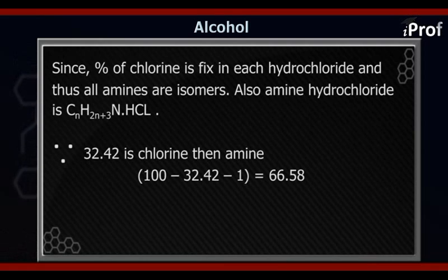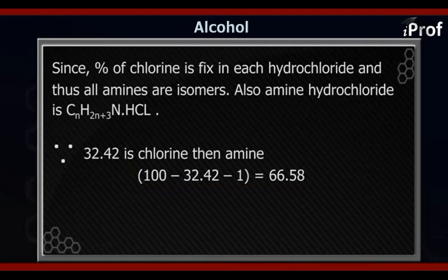This is for chlorine, and with this chlorine we have an H also of HCl. So the percentage of amine will be equal to 100 minus 32.42 minus 1. The 1 is for the hydrogen of the HCl. So the percentage of amine will be 66.58.